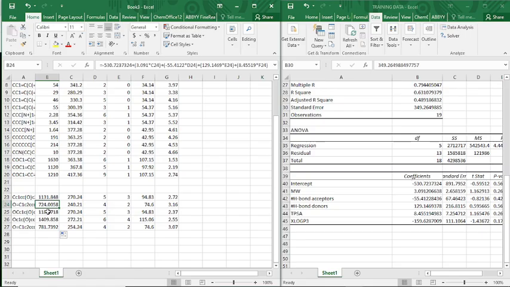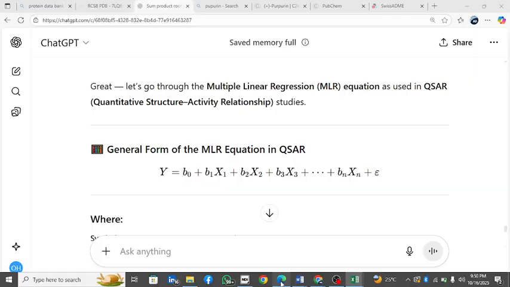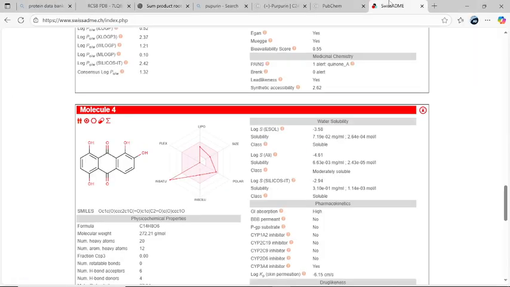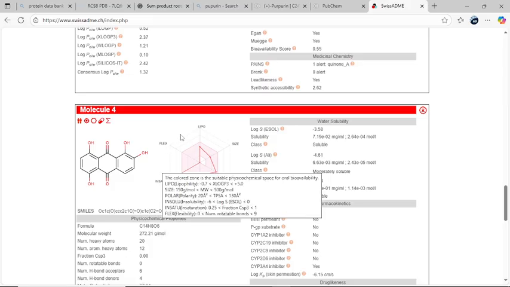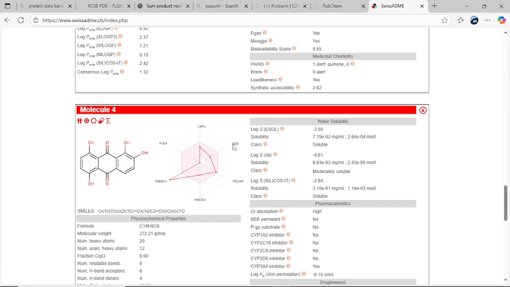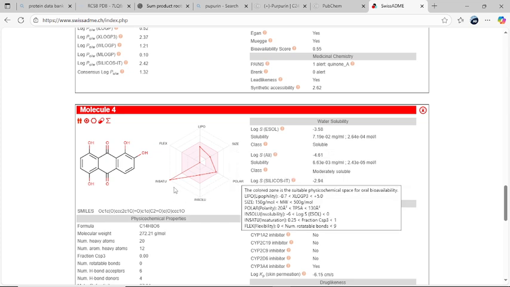Without me even conducting any laboratory experiment on the Modine, because we know that the activity of a structure is a result of the properties of that structure. So you can also decide to increase the properties. You can add other properties. Let me come to SwissADME. Okay, in this SwissADME, you see these properties here. 1, 2, 3, 4, 5, 6.